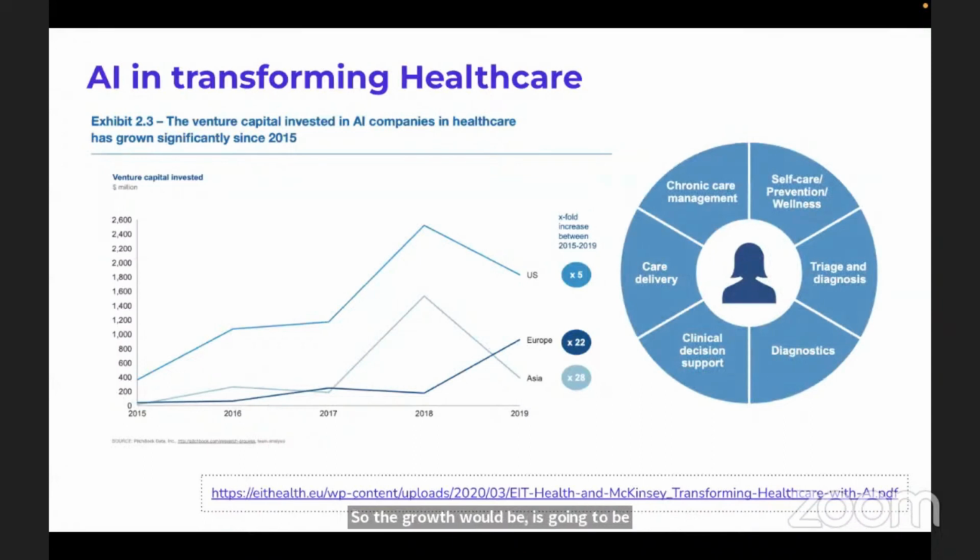Healthcare data is a big source of data. It requires a tremendous amount of data storage and data computing facility.